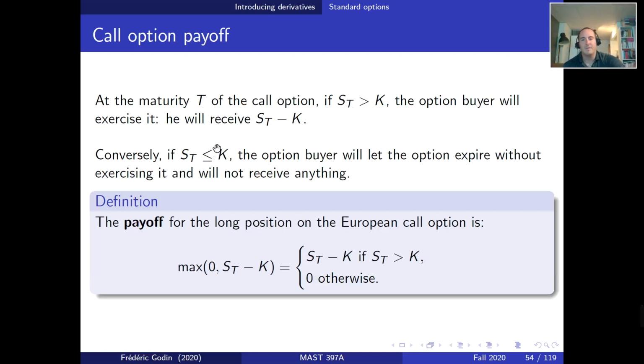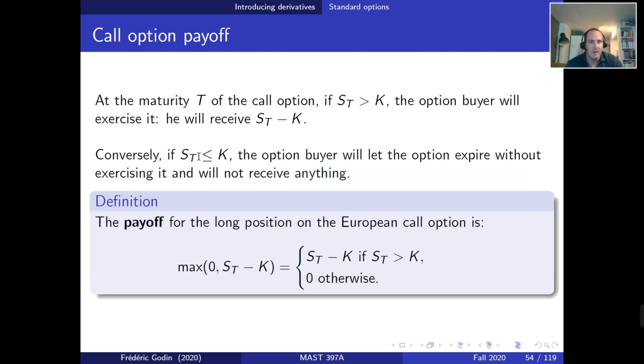Conversely, if the underlying asset value is smaller or equal to K, you will not make the transaction, because if you wanted to receive the underlying asset instead of paying K for it, because its value is smaller than K, you'll simply go to the market and pay an amount of money which is smaller.